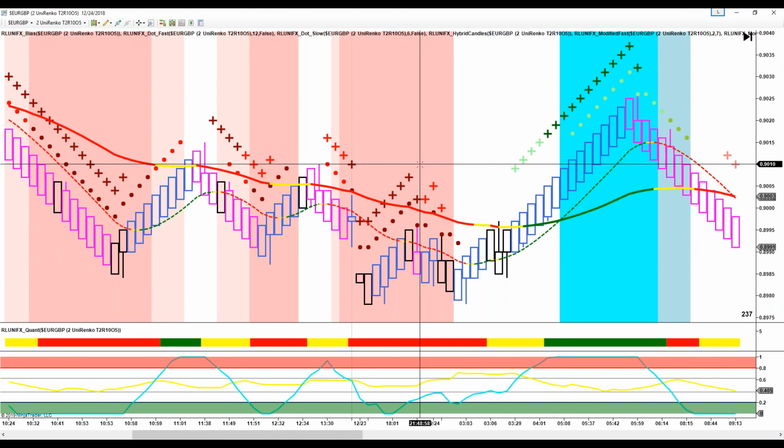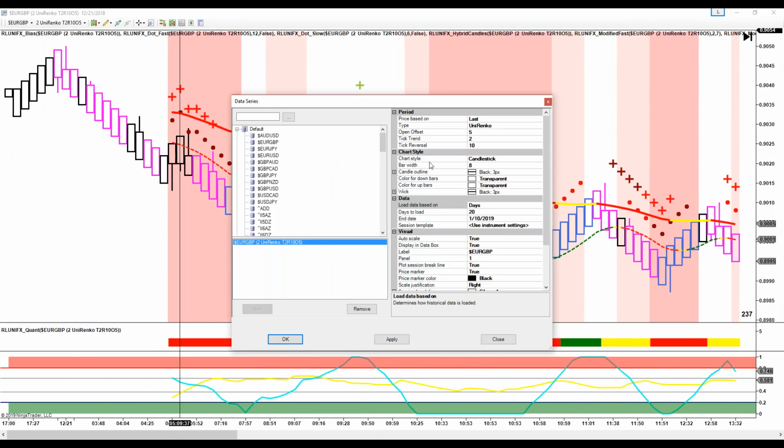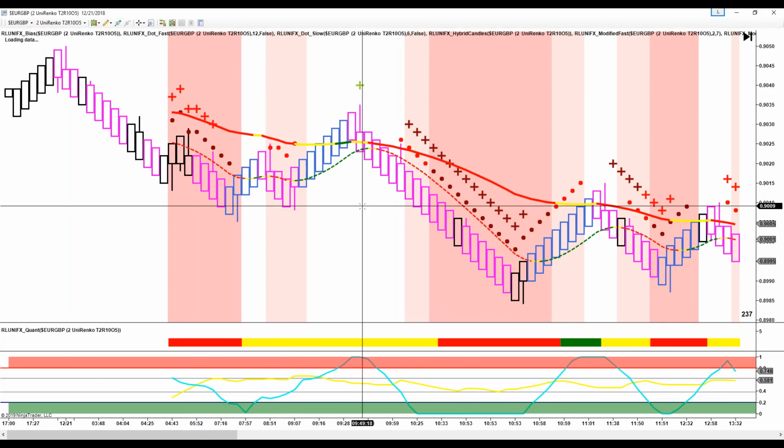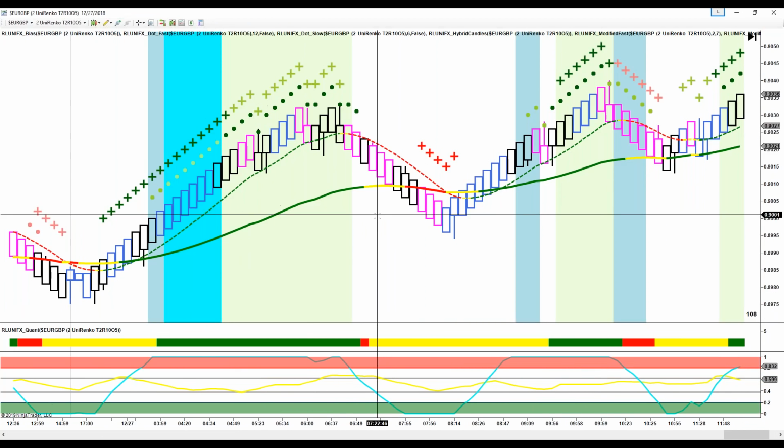Now here is the euro pound, and let's take a look at it. Let me add more data. Let's add 40 days. And then I'm going to go to questions.